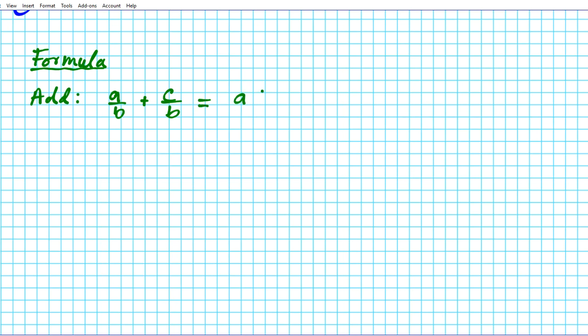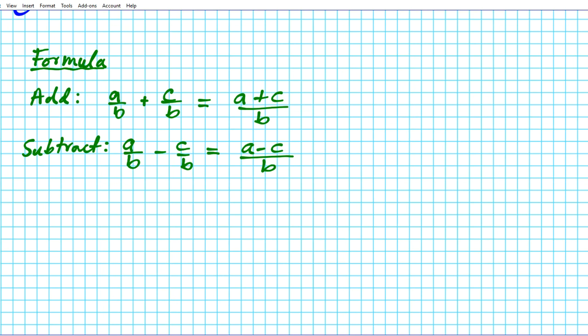The rule is you add the numerators, a plus c, divided by b, and keep the denominator. How about if you wanted to subtract? Let's say a over b minus c over b, what you do is you subtract the numerators and keep the denominator. So that's how you add and subtract fractions with like denominators.